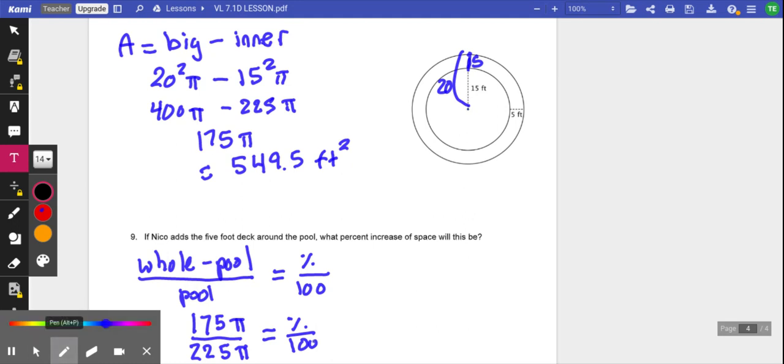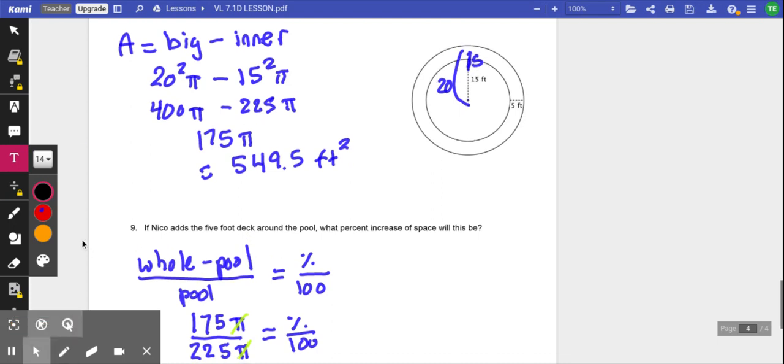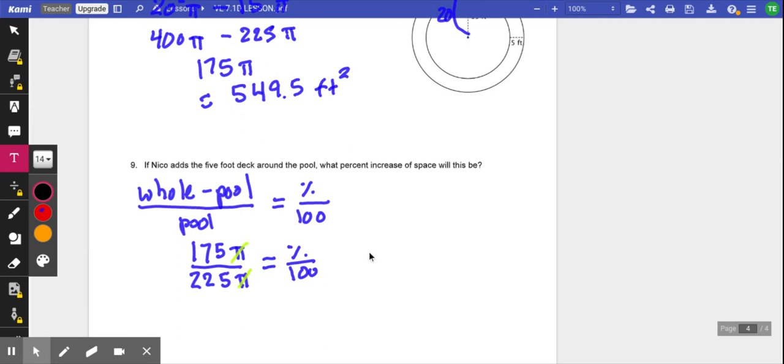Okay, my pi's are going to cancel off. Goodbye. 175 and 225 can definitely be divided by 25. So I get 7 over 9 equals x over 100.